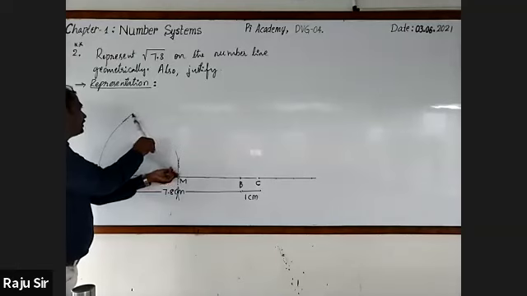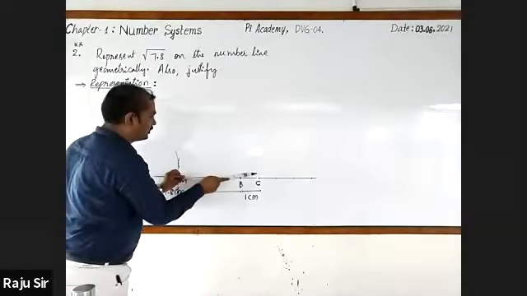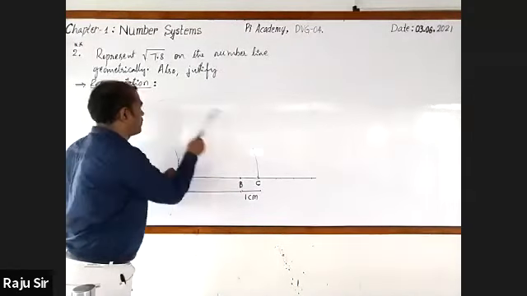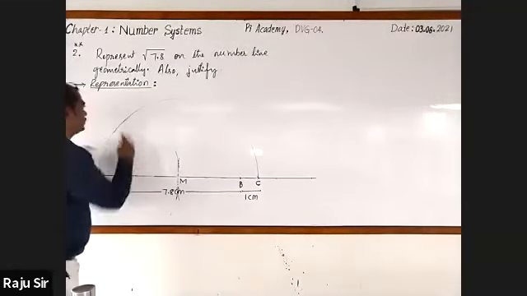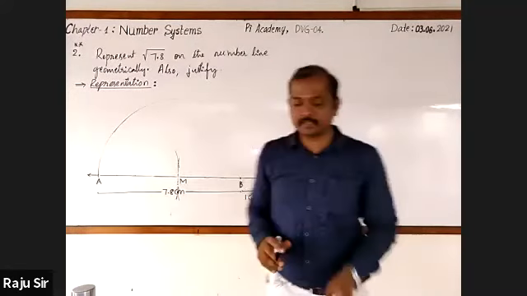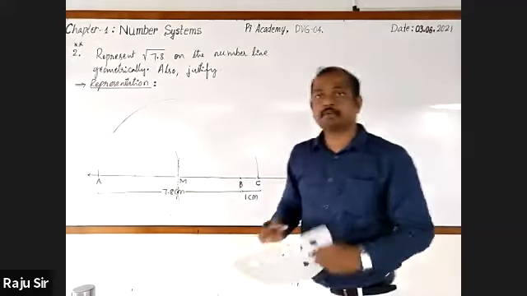With M as center, draw an arc. That is, you can draw a semicircle. With M as center, draw a semicircle. Have you drawn?